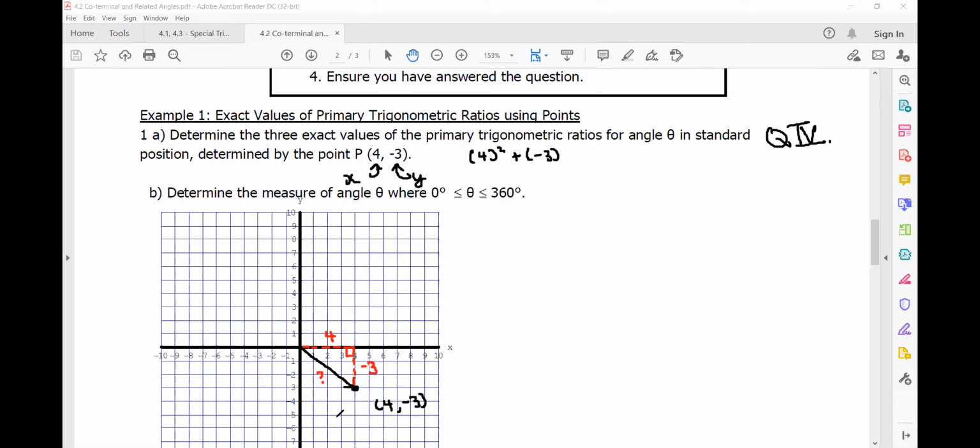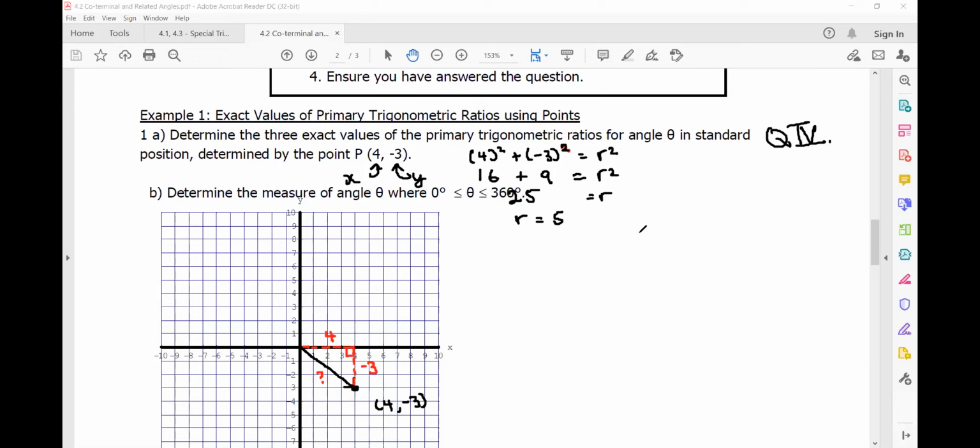So if I want to calculate the hypotenuse, or the longest side, the C side, I'm going to take those two sides and make that equal to the radius squared. That is 16, 9. So r squared is 25, which means r is going to be 5.